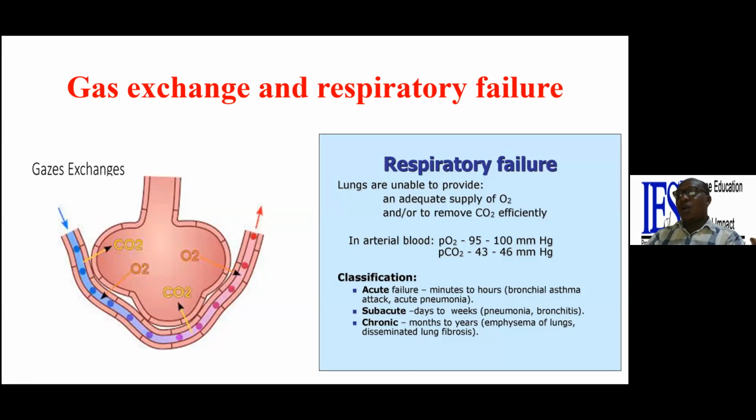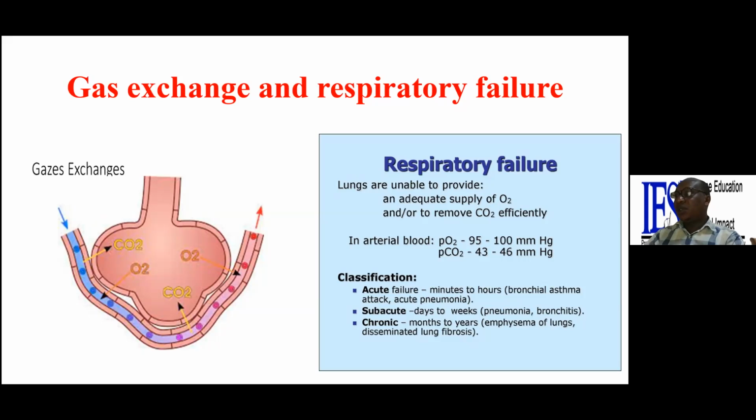So remember our anatomy, at the level of the alveoli, where we have gas exchange, oxygen is entering the blood and CO2 is going out from the blood to outside.